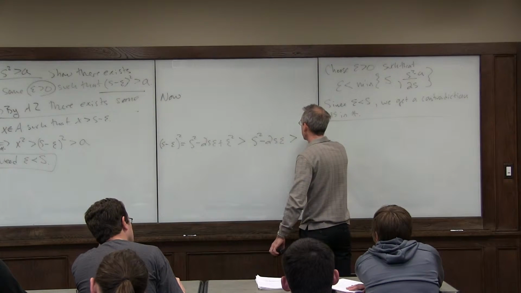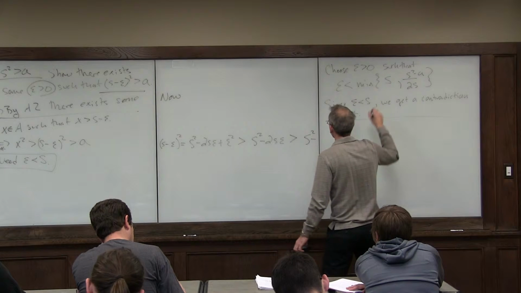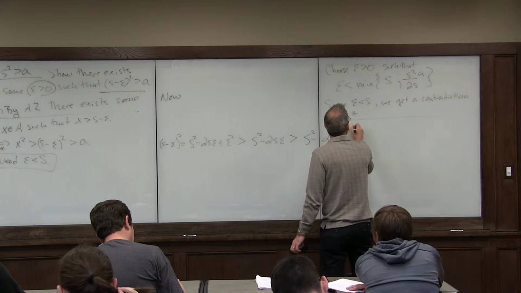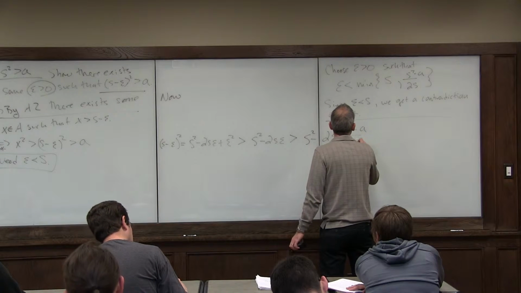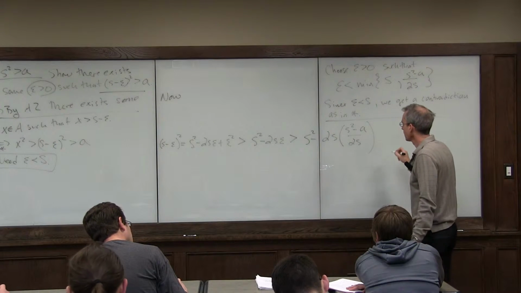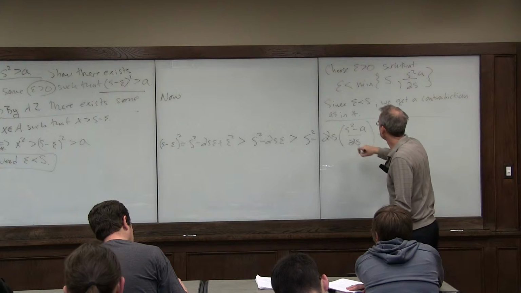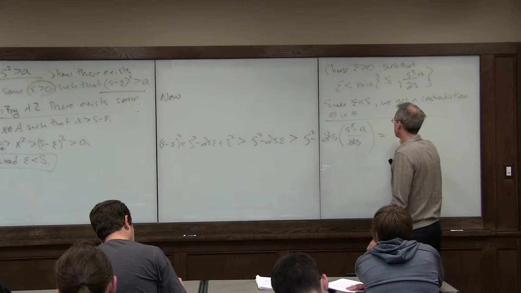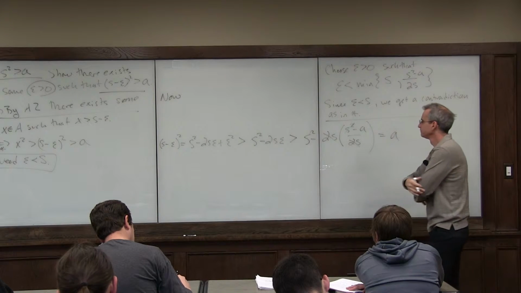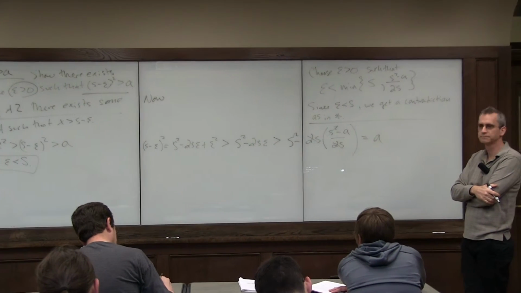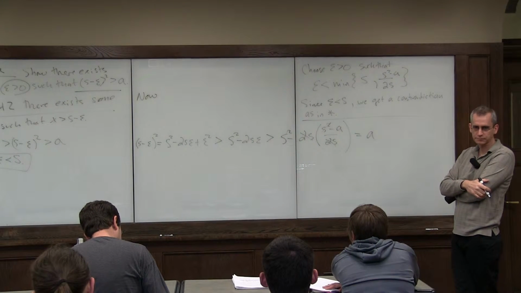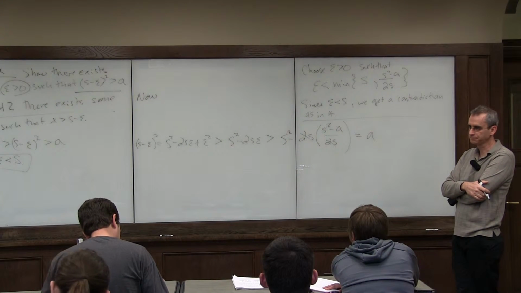So this is now bigger than s squared, not equal, of course, right? But it's bigger than s squared minus 2s times s squared minus a over 2s. And now cancel, cancel, cancel, cancel, a. Okay?